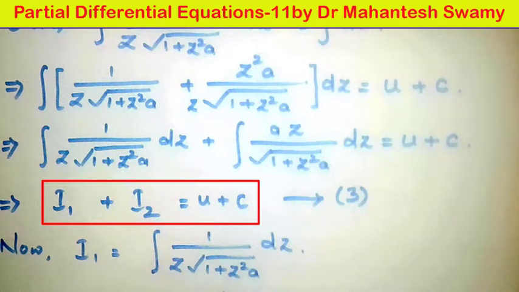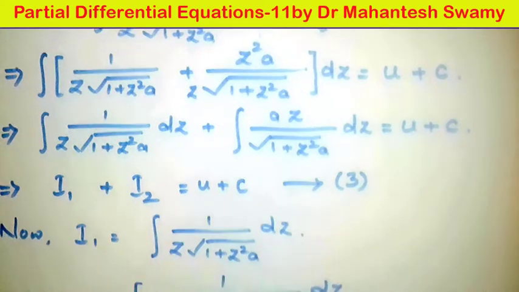If we take common, it comes outside the square root as z, because z square under root becomes z outside the root, and here within the square root it becomes 1 by z square plus this is a as it is, because with this term z square is multiplied. When z square is taken outside, a remains as it is. Here no z square term is there, therefore it should be divided by z square. So dz as it is here in front of that.